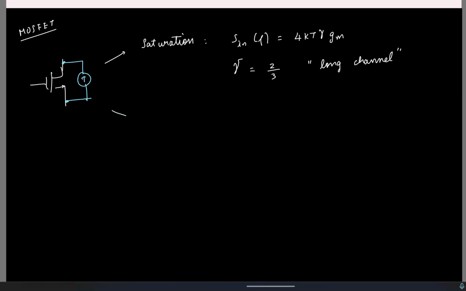Now when the transistor is in the linear region, we'll again have this thermal noise, and in the linear region you know that the MOSFET behaves like a resistor, right? And what will be the value of this resistance? What is the current in the linear region?